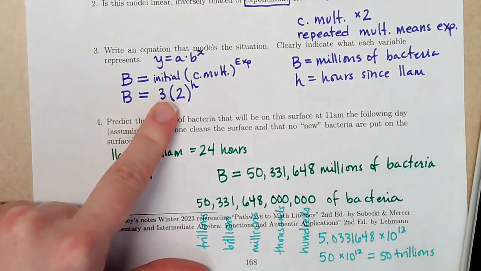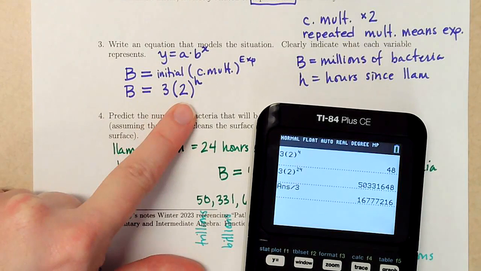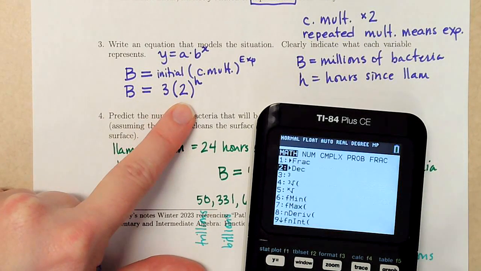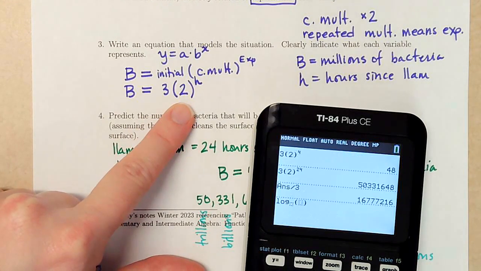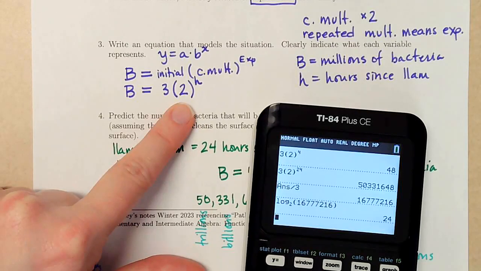So in this equation, I take that and divide by 3, and then I do log base 2 of that number, 16,777,216.